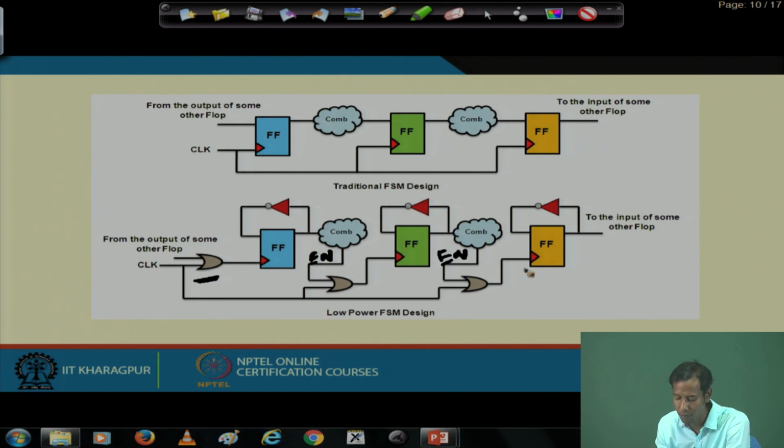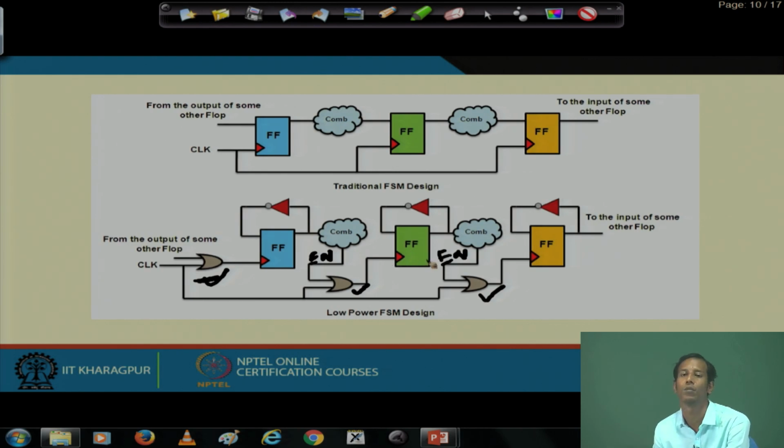So, at that time every flip flop will be connected to the gated version of this particular clock. Okay. So, the same circuit will be modified to this particular architecture to achieve low power. Whenever we are doing that, we are making this traditional FSM into this low power FSM design. At that time we are intentionally putting some extra hardware in terms of gates. Whenever we put these gates, the corresponding delay will also increase.